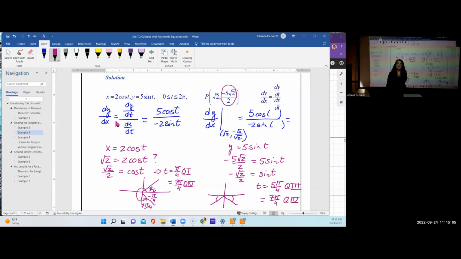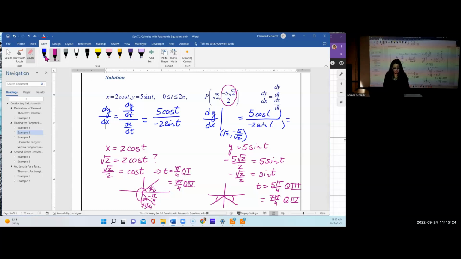Then I look at the two and see what they have in common. The only one they have in common, of course, is 7 pi over 4. So I know that the particular value I need to evaluate at is 7 pi over 4.